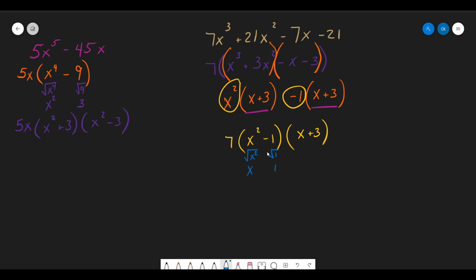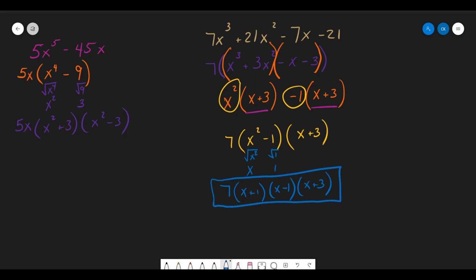So this parenthesis right here can get factored again to be x plus 1, x minus 1. I can't factor x plus 3 because these aren't perfect squares, and there's no minus in the middle. So that's just going to stay as x plus 3. And the 7 was already factored out, so that can't get factored again. So this would be my final answer.